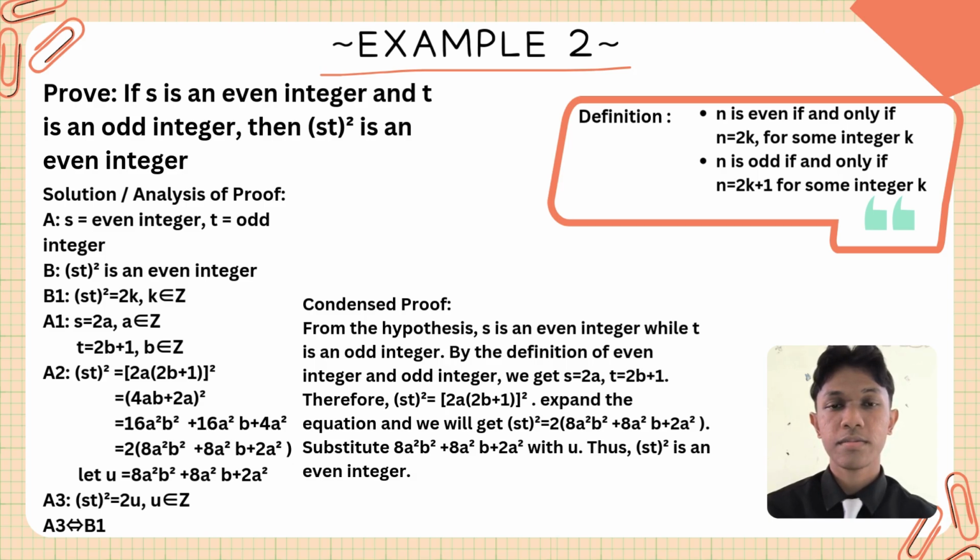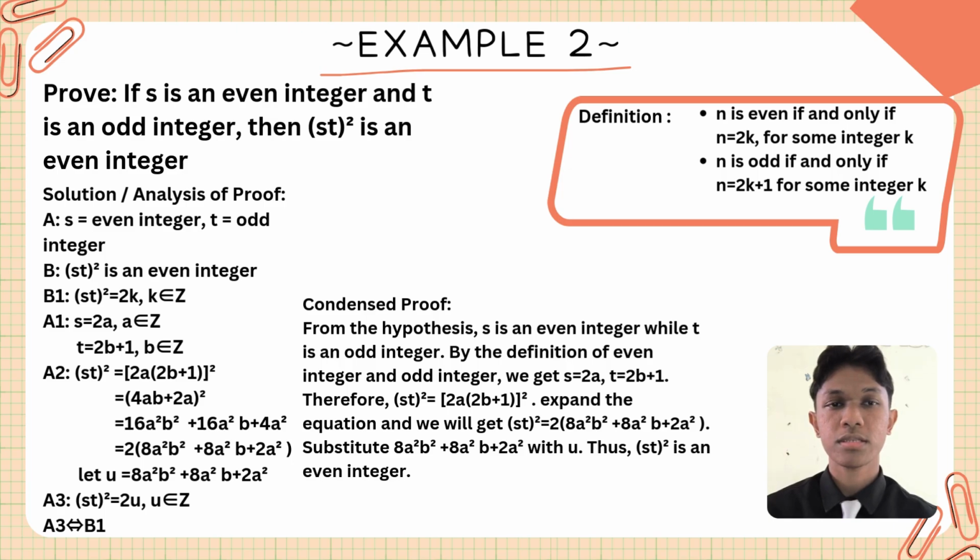Okay, so after that we expand the equation and we will get 16a squared b squared plus 16a squared b plus 4a squared. And after that we will factorize it, bringing out the 2 from the equation, and we will get 2 times 8a squared b squared plus 8a squared b plus 2a squared.